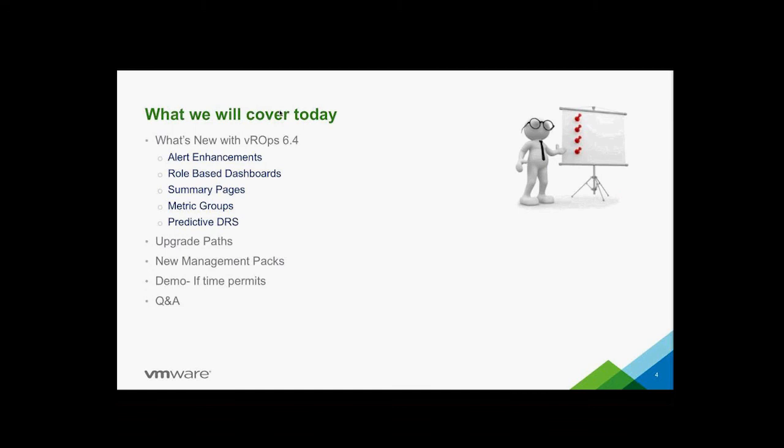We'll be looking at vROps 6.4 and just that version, and a bunch of enhancements around it, and you can see that most of those enhancements are around content. Starting with alert enhancements, then role-based dashboards, which will take a lot of time, I'm sure, because there's a bunch of them. Then we look at summary pages, which is an awesome feature that makes the product more usable as soon as you get inside it.